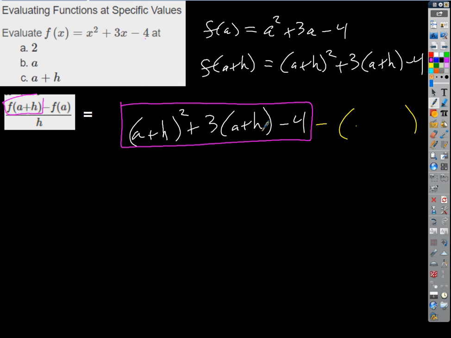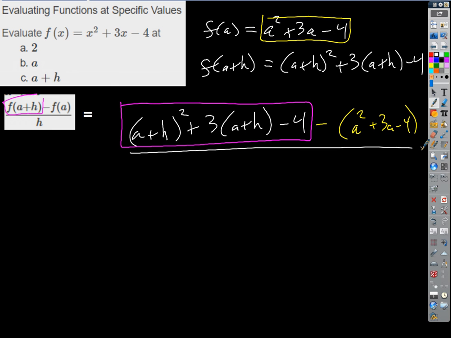So f of a plus h is everything in the pink box. What's f of a? A squared plus 3a minus 4. I'm just going to apply the function rule when the input is a. And then on the bottom, divide it by h. Okay, so that's my answer, but it's not simplified.